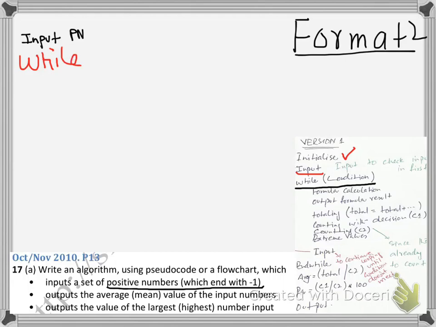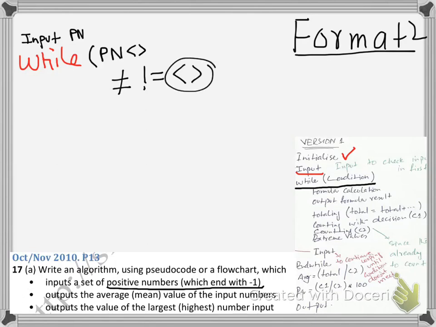While Pn is not equal to, this sign is the not-equal-to sign, because this thing you don't see on the keyboard. So if it is not available, there must be a way of doing it. So in computer languages we use many symbols like this is not equal to, or maybe this is not equal to.